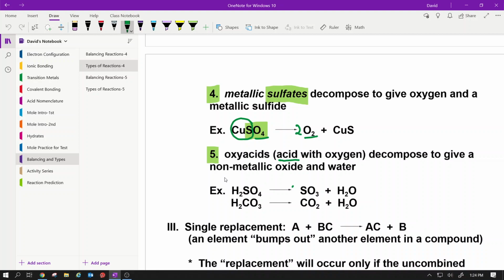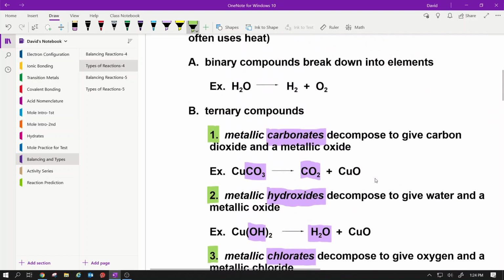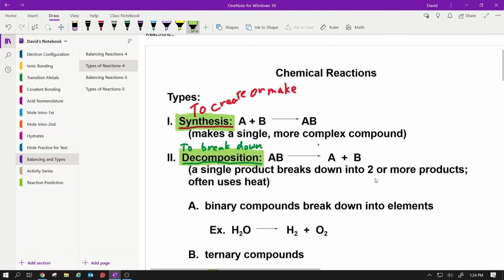And again, I wanted to run through that because I wanted you to get to see that. Our third type is our single replacement. Hey, here's what I want you to see that all of these have in common, though. All 5 of those were decompositions. They're breaking down.